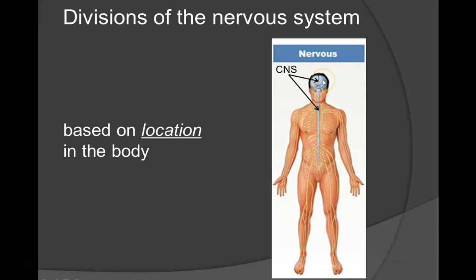Here you can see it's the brain and the spinal cord. Those are the two parts of the central nervous system. So if it's in the brain or the spinal cord, then it's central nervous system. The other division is PNS, the peripheral nervous system, and this is going to consist of your nerves and your ganglia.